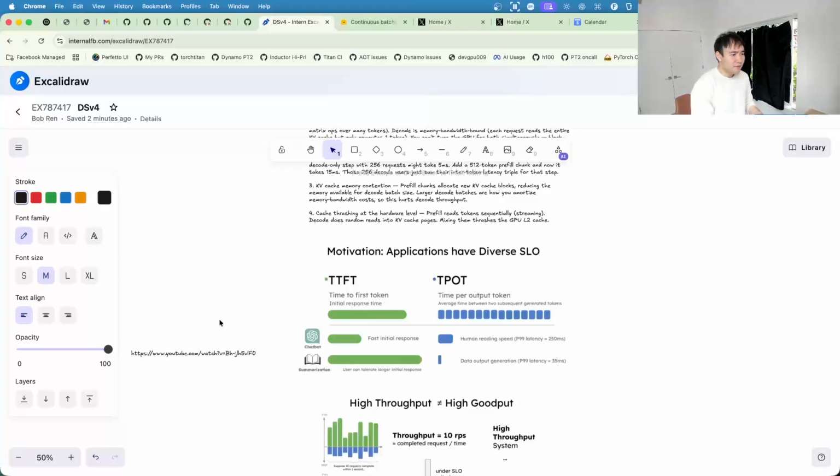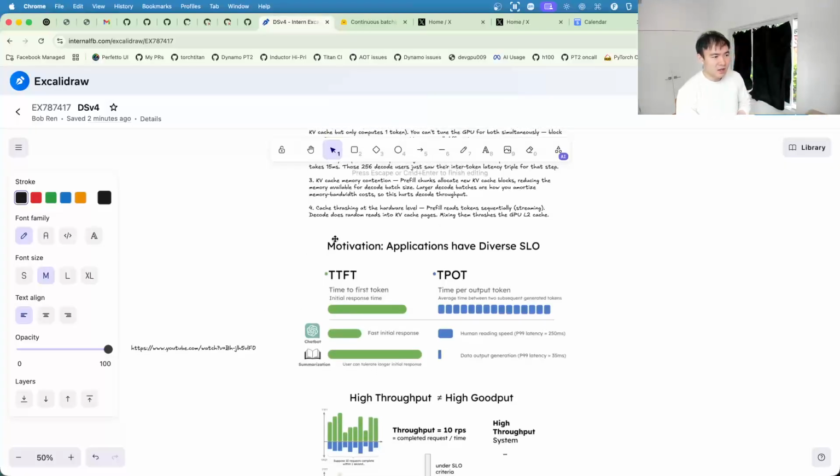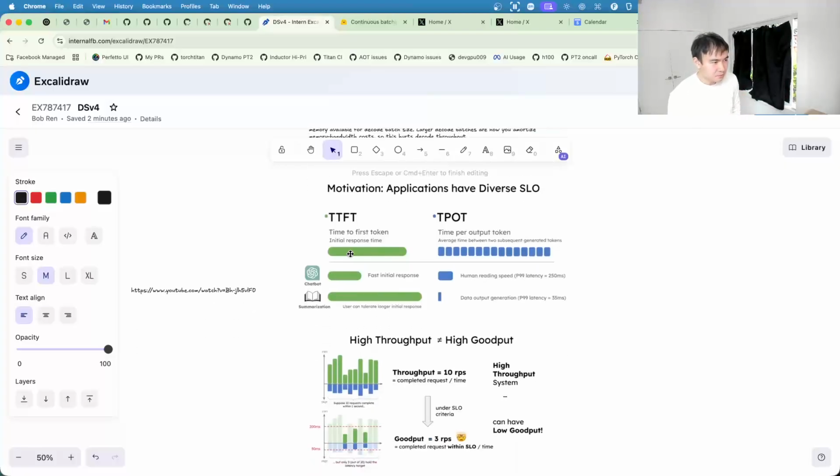A lot of the following slides are from this DistServe talk by the Hao AI Lab. I'm just going to go over it because I think it's a good motivation for why you want to do disaggregated prefill and decode. To motivate it, let's think about high-level system metrics.